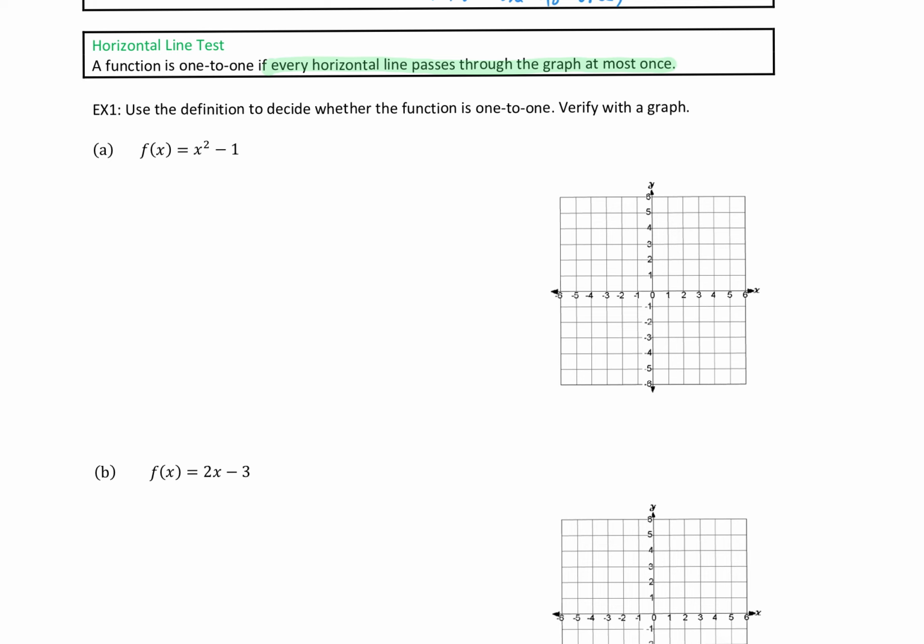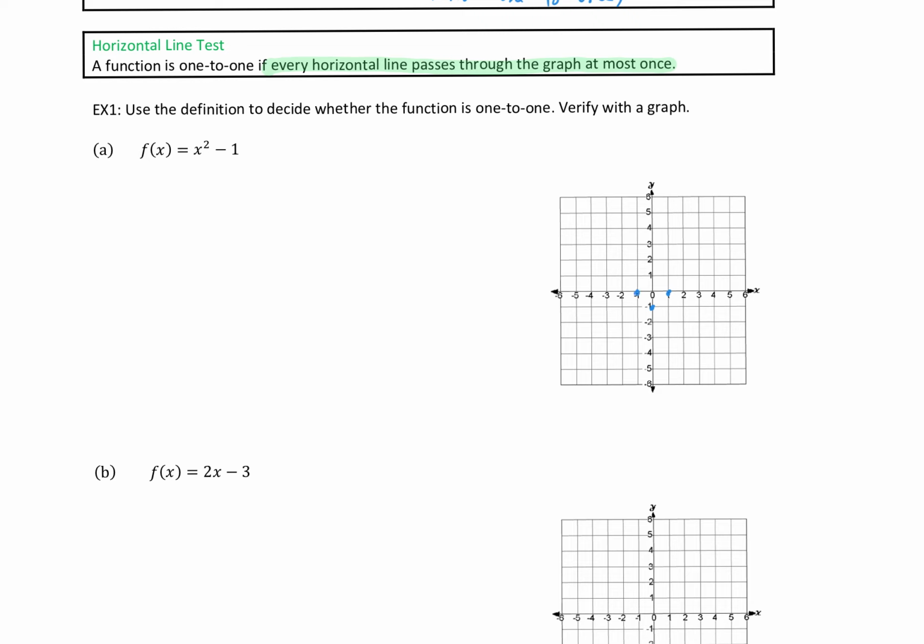Sometimes, if you don't know whether a function is one-to-one or not, it's best to graph it first. So let's graph f of x equal to x squared minus 1. Again, that's a parabola opening up, and the minus 1 means we're just going to shift it down 1. So it's going to pass through (0, negative 1), (1, 0), (negative 1, 0).